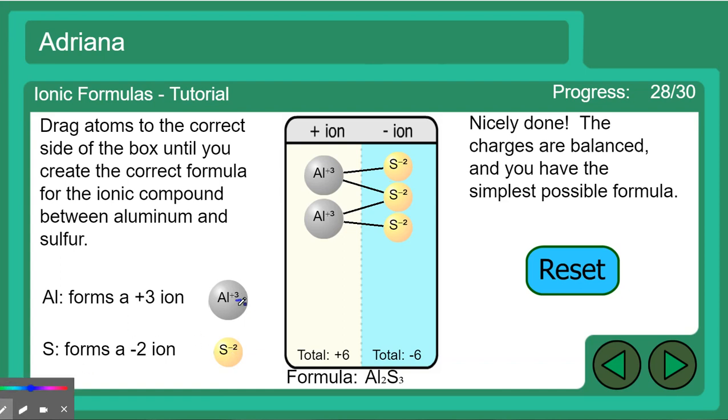So I take this number and I make it a subscript for my sulfide ion. And then I take the number on the sulfide ion, this 2, and make it a subscript for my aluminum ion. So what it's saying is we will need 2 aluminum ions and 3 sulfide ions. And that's exactly what we get for this formula. So that's just an easy trick to know how to do that.